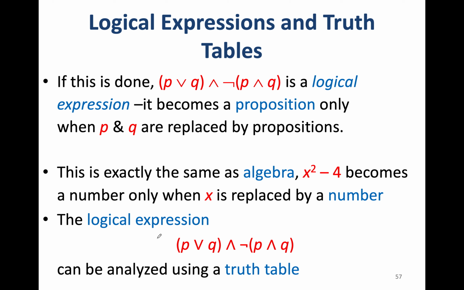This is exactly as what we did in algebra if we got this statement, which is x squared minus 4. So we can analyze this algebra expression. Now, a truth table is used to analyze the logical expression that we come up with from the statements that we've got.